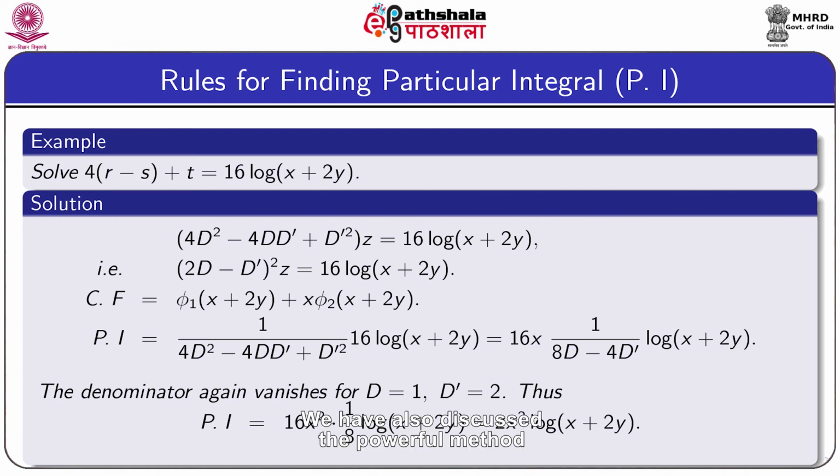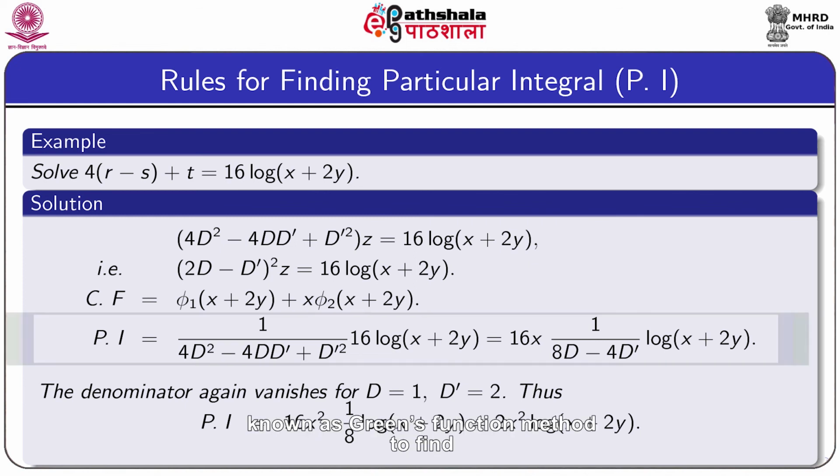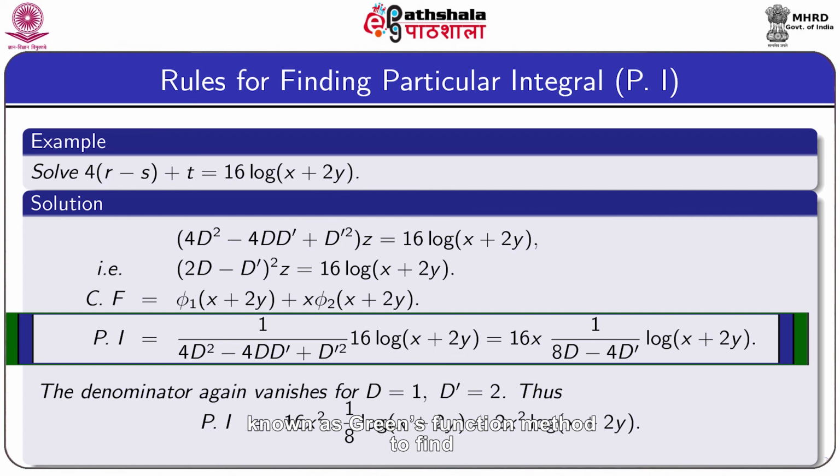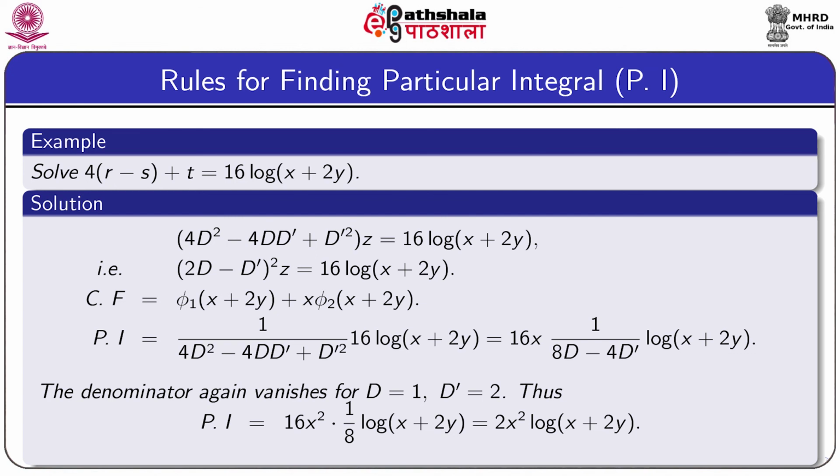Now, the particular integral becomes 1 by F(D, D') = 4D² - 4DD' + D'² operating on 16 log(x + 2y).